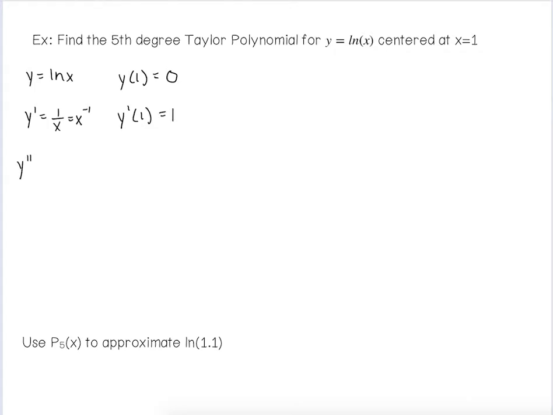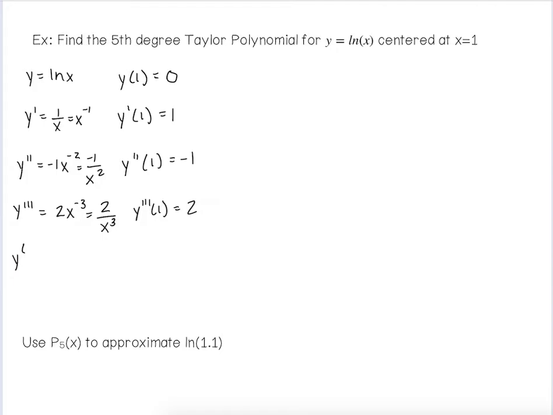My second derivative, using the power rule, is going to be negative 1 x to the negative 2, or negative 1 over x squared. My second derivative at 1 is negative 1 over 1 squared, so I get negative 1. The third derivative is going to be 2x to the negative 3, or 2 over x cubed. So my third derivative at 1 is 2 over 1 cubed, so that's going to give me 2.